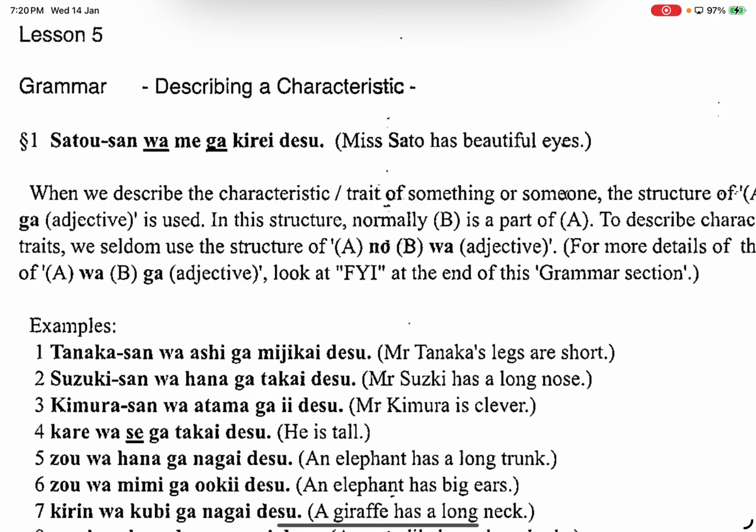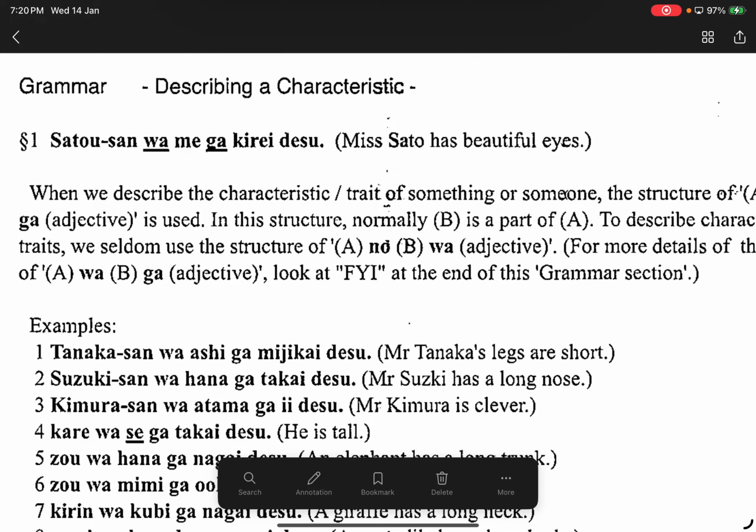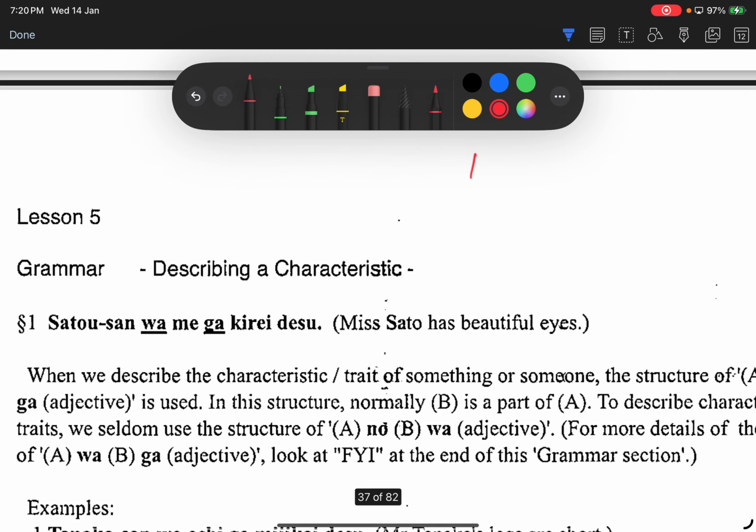So to put it in a very simple way, right? A wa suki desu. Versus A ga suki desu.